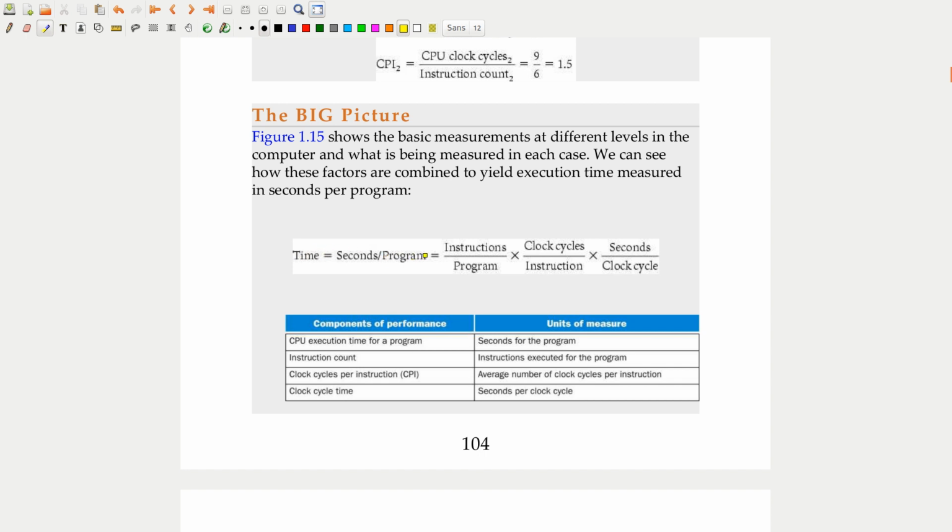And we're breaking this down as instructions per program times clock cycles per instruction times seconds per clock cycle. Everything has a dependency on the previous thing, so clock cycles are going to cancel out, instructions are going to cancel out, and we get seconds per program.